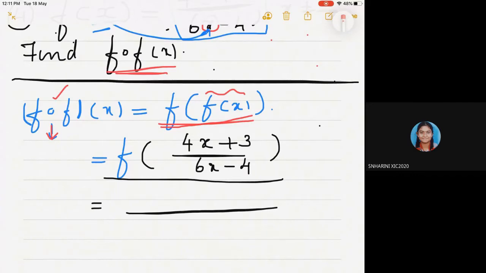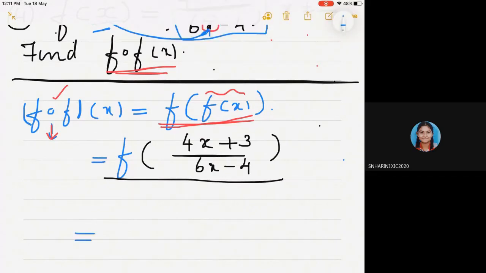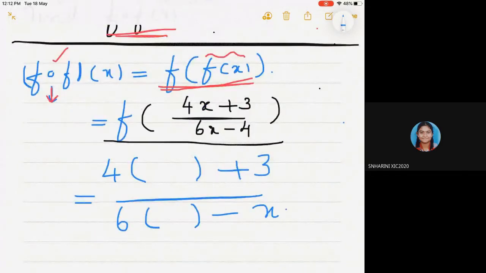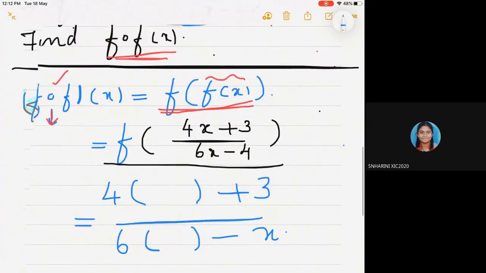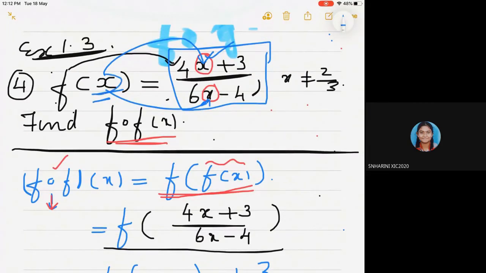You can see that when you are removing x, it becomes 4 into something plus 3 by 6 into something minus 4. So this open bracket which I kept, what is it for? It is for the variable present here.